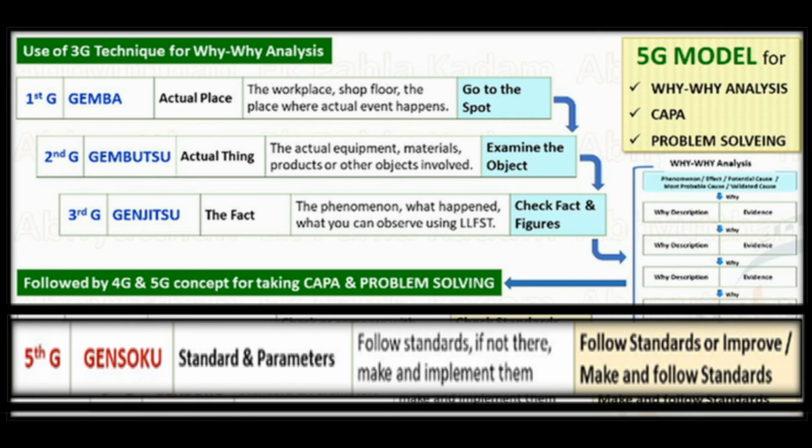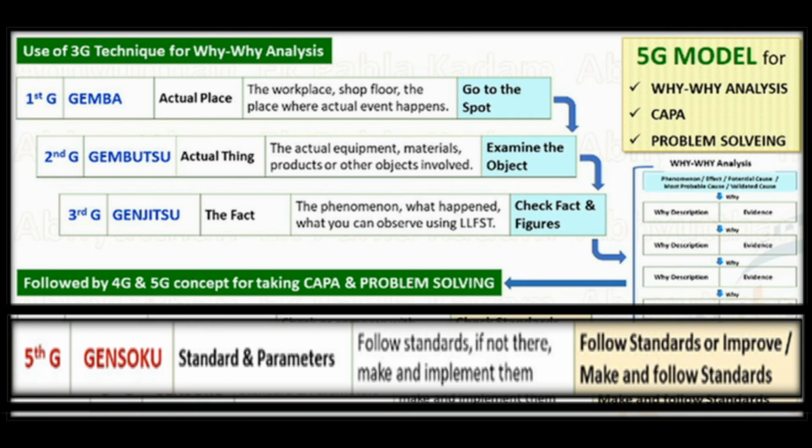Then follow standard. If not there, make an implementation of them, meaning you have to standardize and make the parameters for those, improve, and make everyone follow standards. In the 5th pillar, Gensoku, you have to implement, improve and follow the standard based on this 5G model.